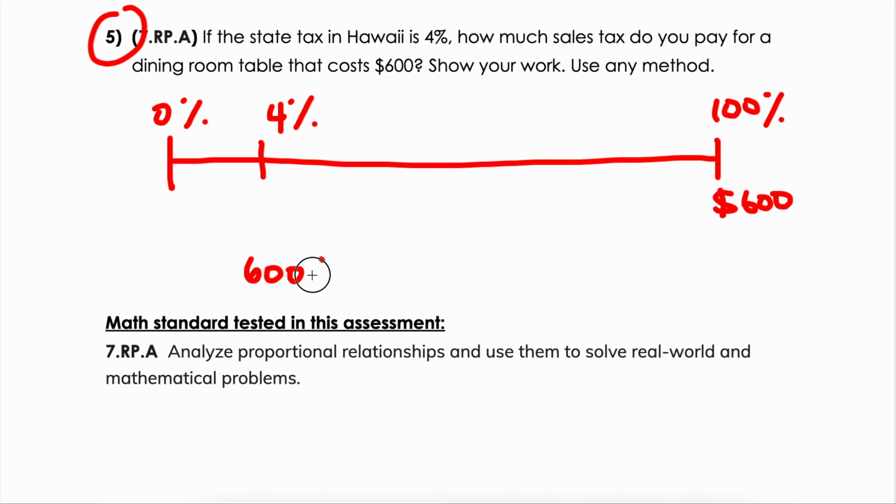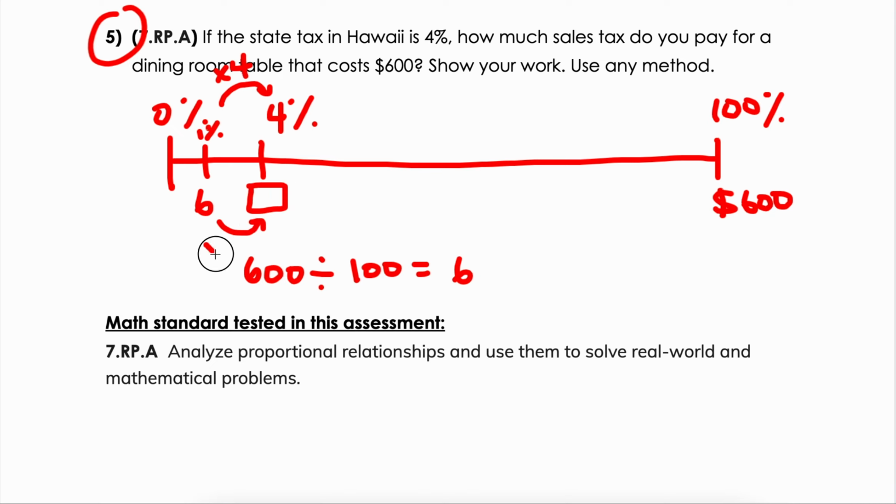So I can take the 600 and divide it by 100 to figure out what each of those percents is. And then that would be $6 for each percent. So then 1% has to multiply by 4 to get to 4%. So then 6 has to also multiply by 4 to now get to the 24, which is my answer.